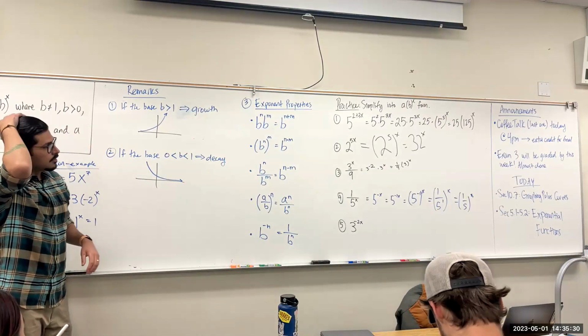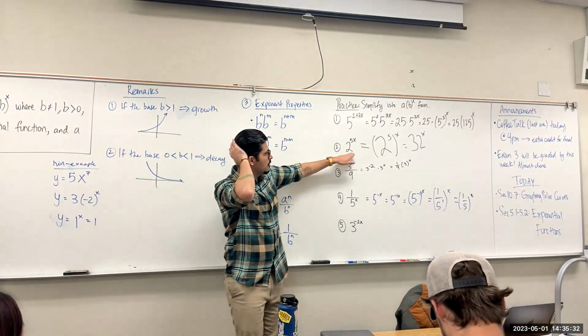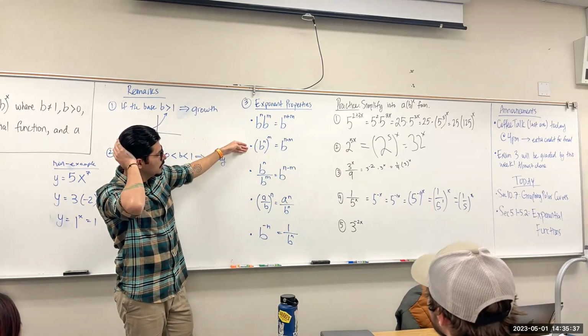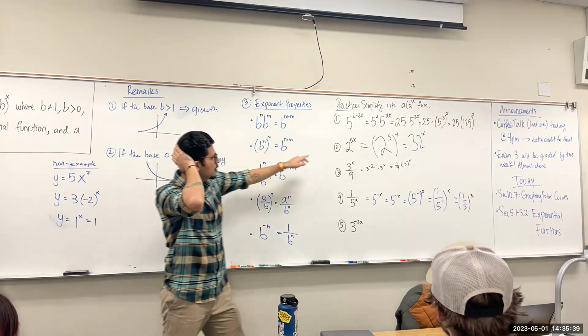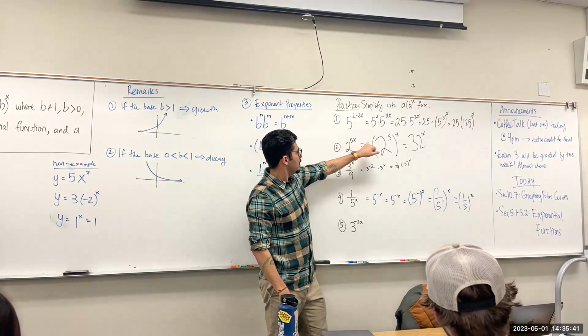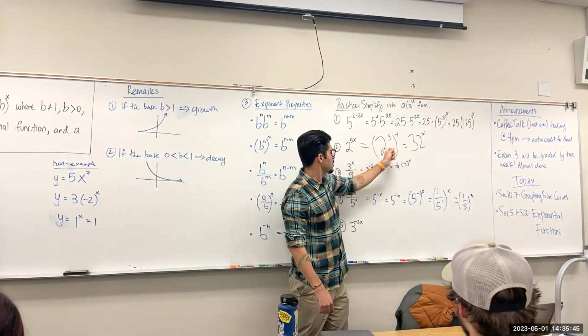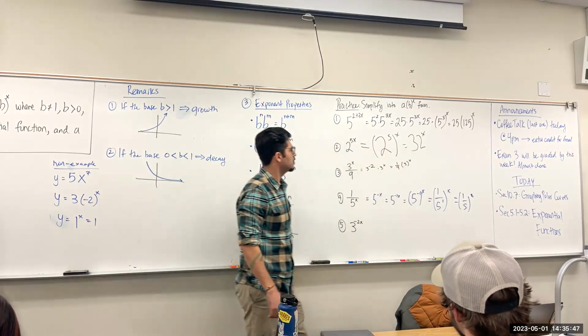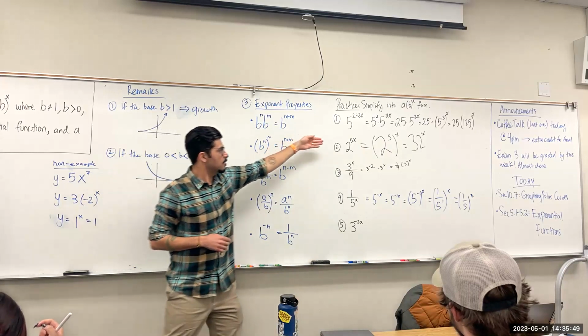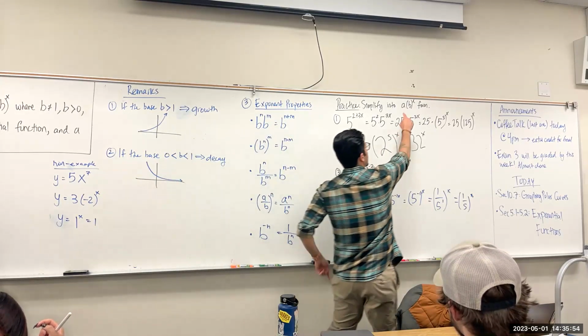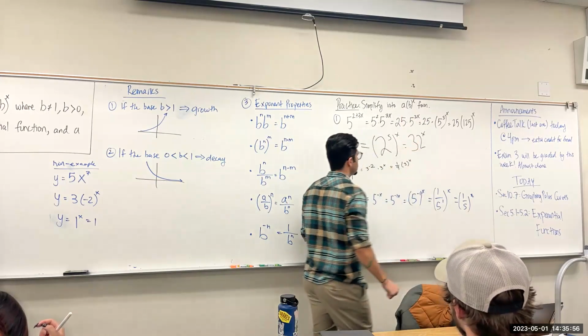So let's see what we did here for number 2. Looks like we used property number 2. Yep, property number 2. Instead of writing the x inside, you write it outside. So you split it up, and then this just becomes 2 to the power of 5, which is 32. What's the initial value? 1. Good. The a here in this case is like a 1 in front of this.